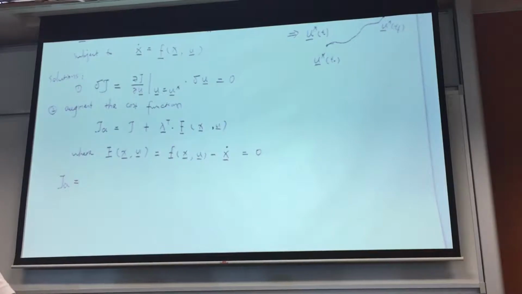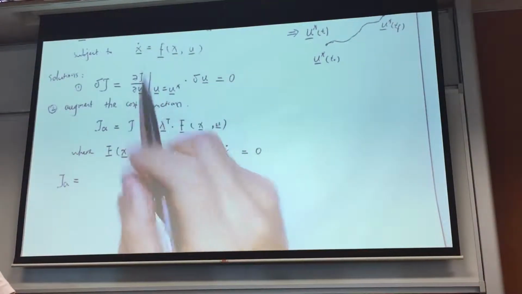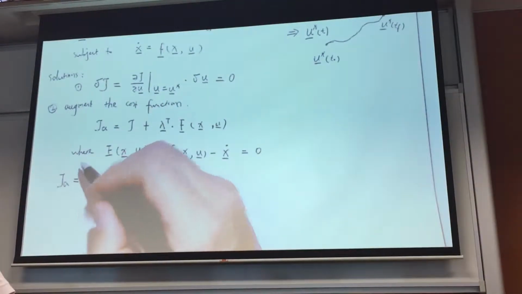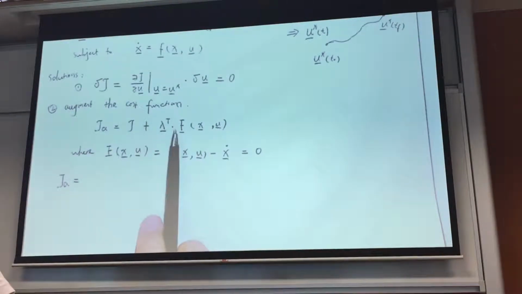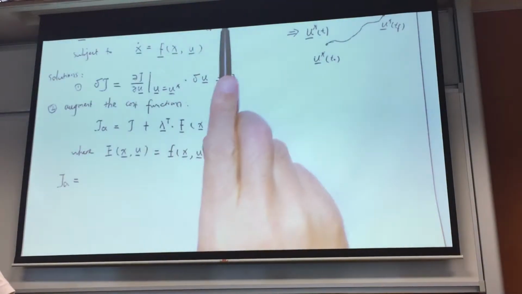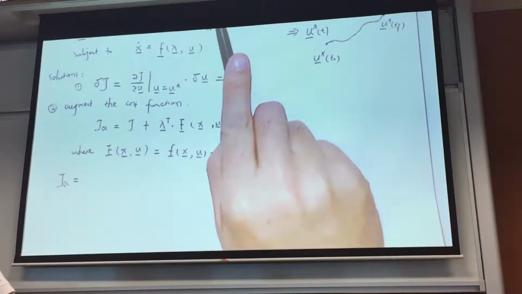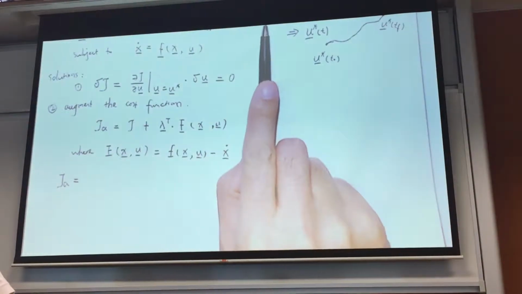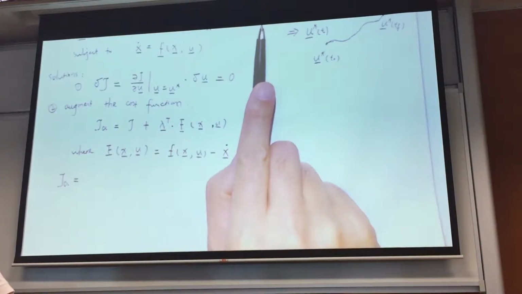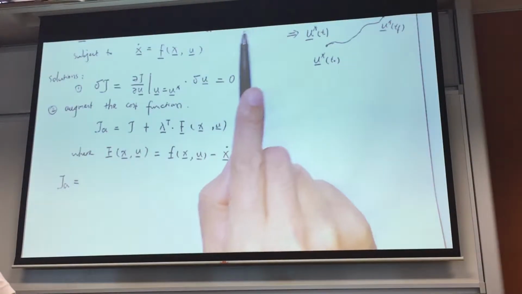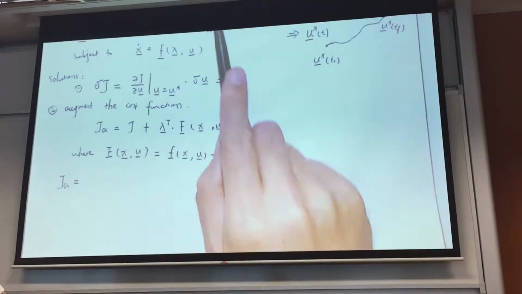Remember, we only augment the components inside the integral, which represent the process between T0 and Tf.